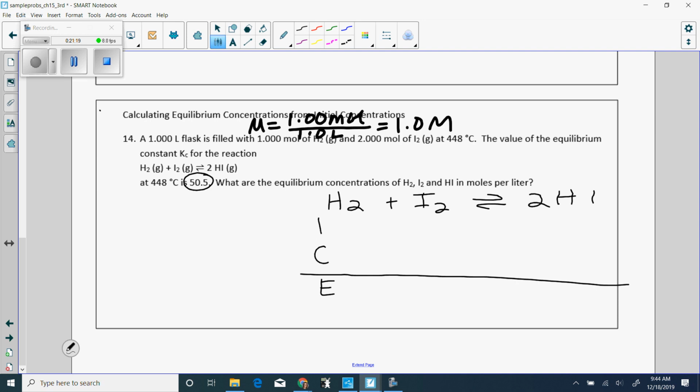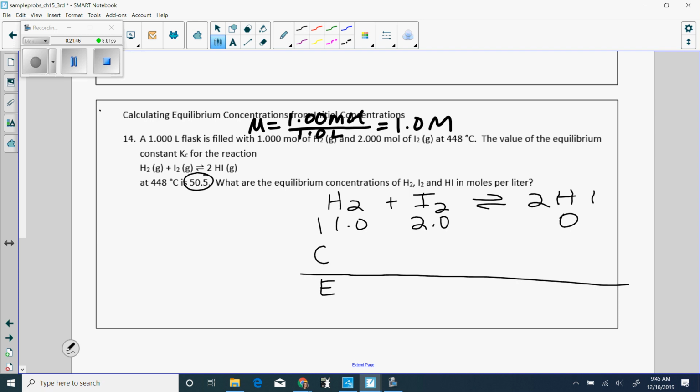It never says the word initial, so you have to think and read. It says it's filled with it at the beginning or something like that, so that means that these are my initial. 1 mole of hydrogen, and I have 2 moles per liter of iodine. Nothing has happened yet. I have not made any products, so I know this is going to be 0.